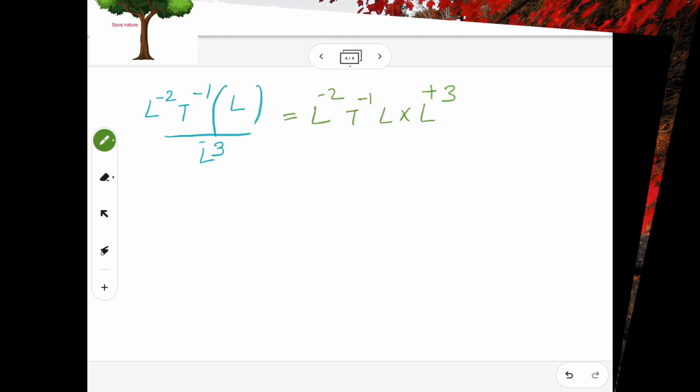So L raised to plus 3 and L raised to minus 2 will combine to L raised to plus 1, and that L raised to plus 1 with this L will be L raised to plus 2, that is L square. So the final equation is L square T raised to minus 1, which is the dimension of D. I hope you understood this problem also.